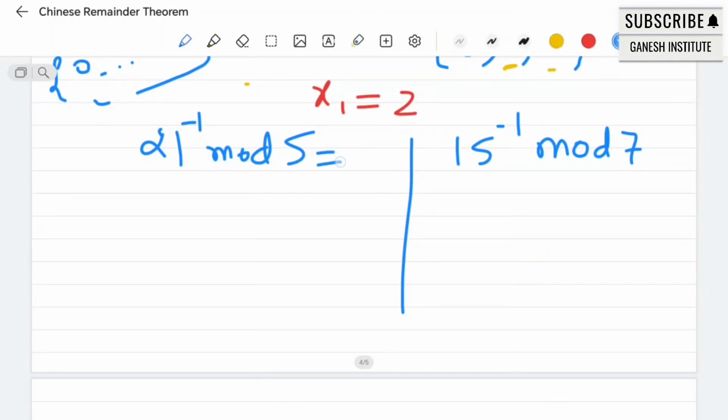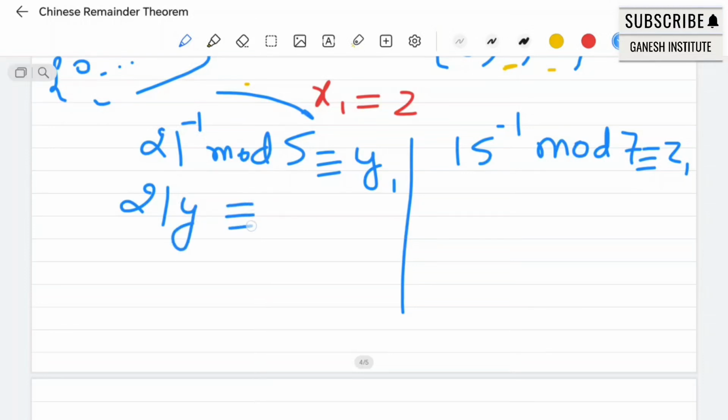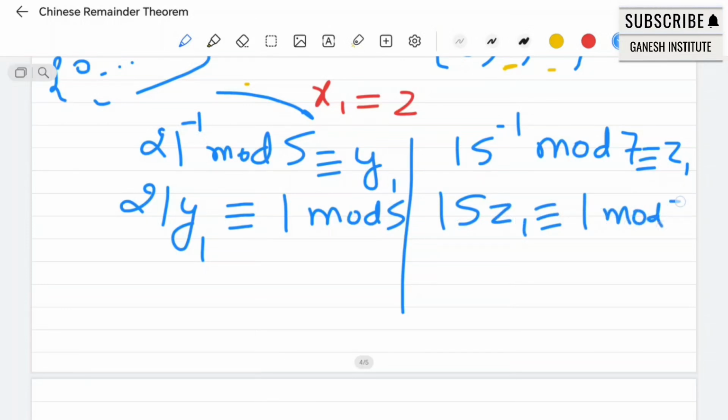So again we'll consider y1 and this as z1, any arbitrary variable. 21y1 has to be 1 modulo 5, and 15z1 should be 1 modulo 7.